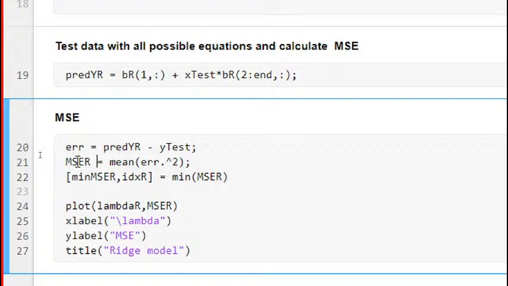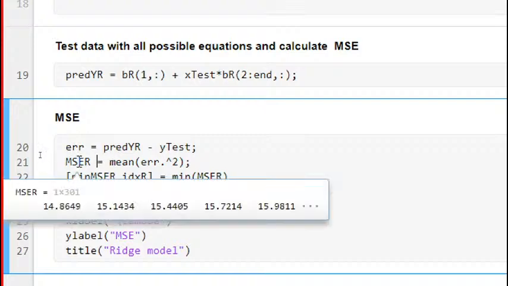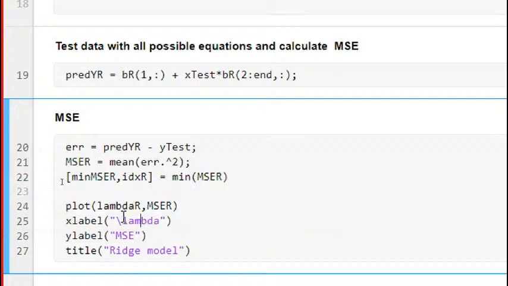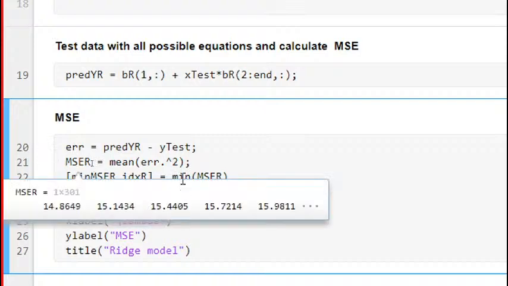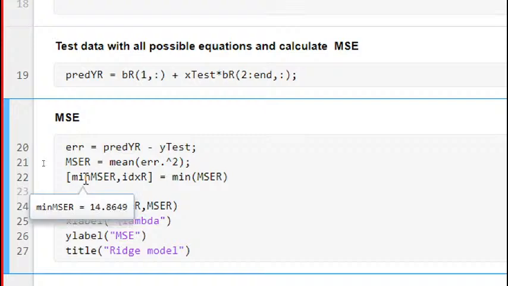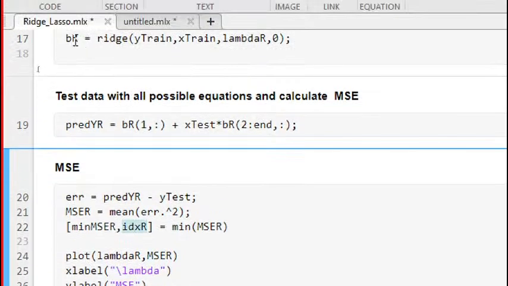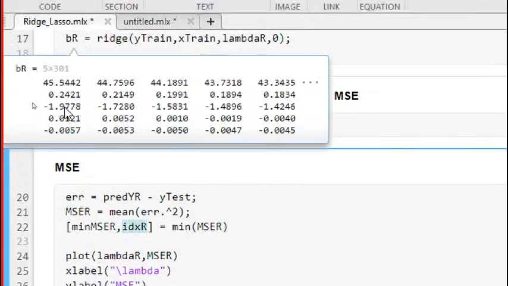Of every column we got the mean square error, and if I take the minimum of this, I get the minimum mean square error and the index number 1. So in BR, the first is best if I compare with the other equations.